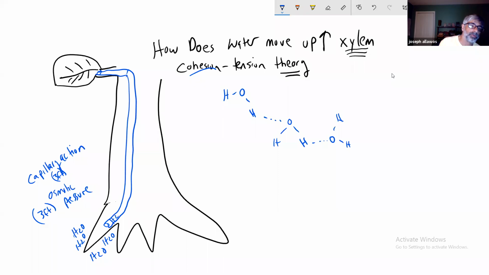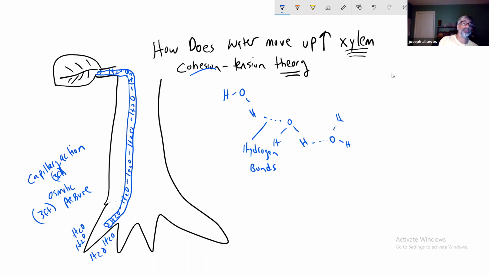And so we have all these water molecules in a water column moving up the xylem. And what the theory says is what's holding these water molecules together are hydrogen bonds, right? Hydrogen bonds, it's like they're all holding hands in a sense.